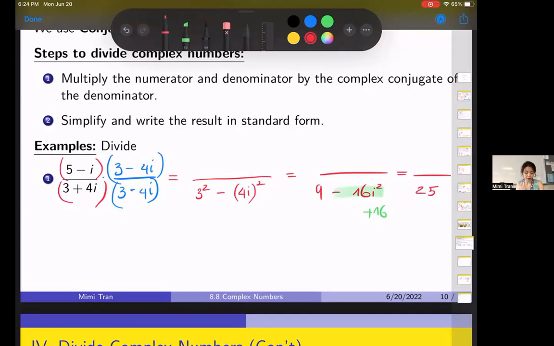Now the top, we FOIL. The two binomials are completely different, so the only way we can do this is to FOIL them. 5 times 3 is 15. 5 times negative 4i is negative 20i. Negative i times 3 is negative 3i. And negative i times negative 4i is positive 4i squared.